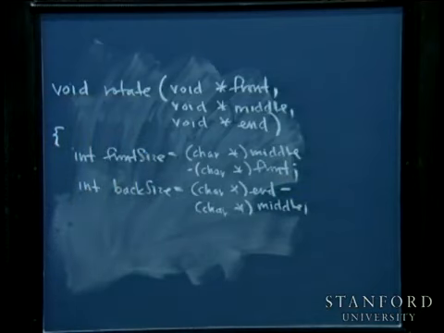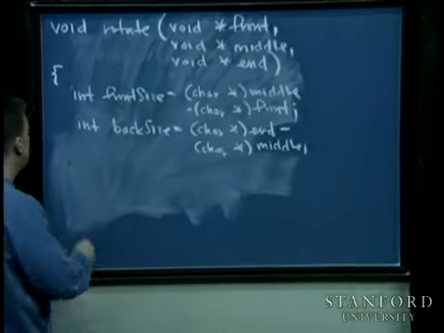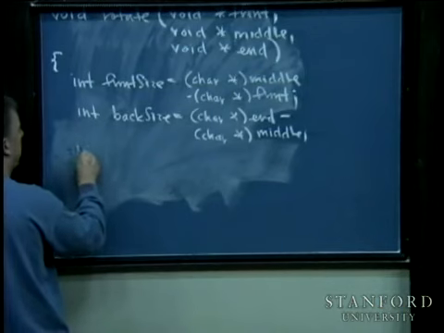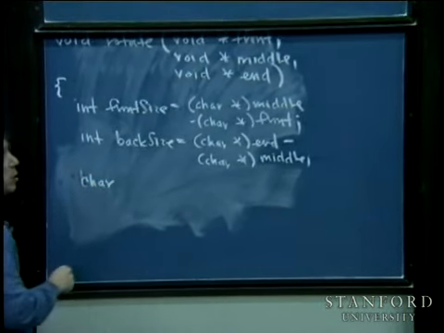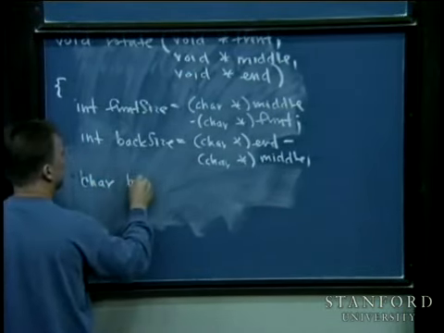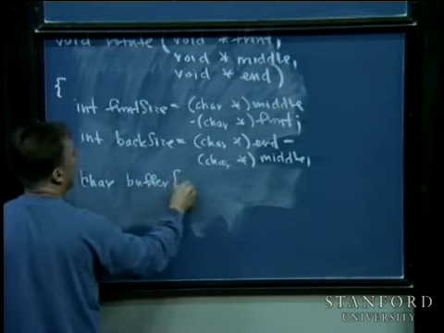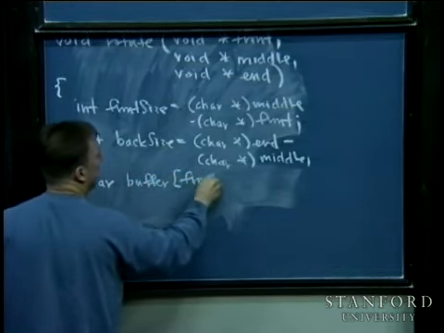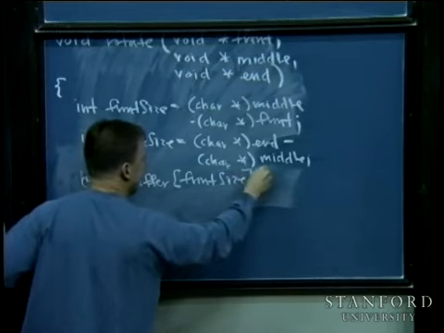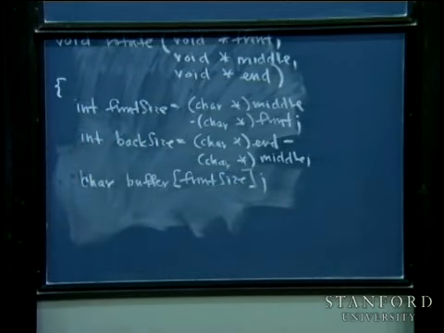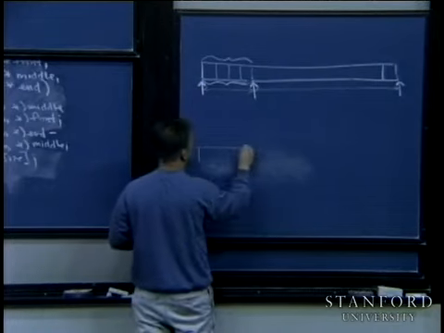What I can do now is I can declare a raw buffer, just like I did with the generic swap function, char buffer, and I can allocate it to be of size front size. Again, this isn't ANSI standard, but it works on our compiler, and it's so much nicer that I'm just going to do it. So now I have a character buffer that's just as big as this thing is here in terms of bytes. So maybe that's set aside right here.